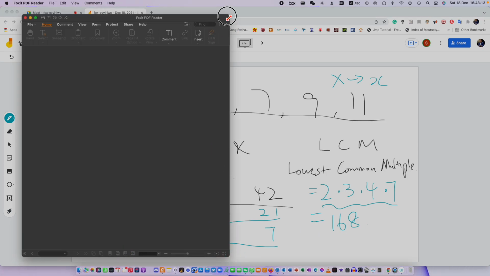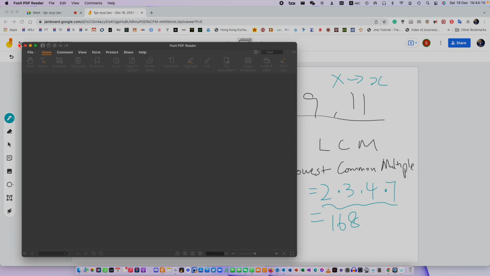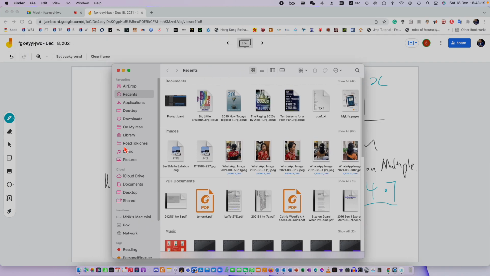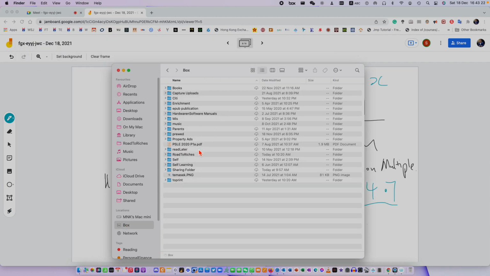You're supposed to see a Jamboard, right? So let me go find a question on this.